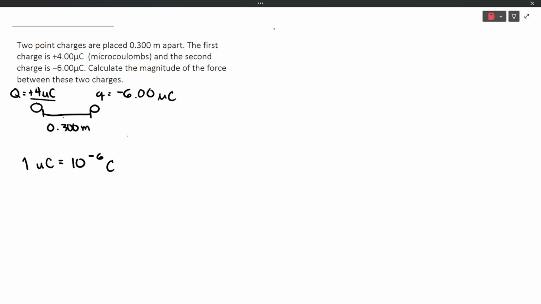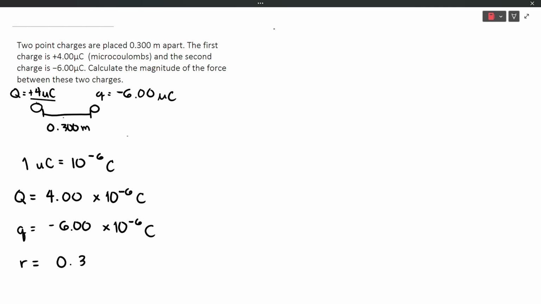So from that, Q is equal to positive 4.00 times 10 raised to negative 6 coulomb. The other charge, q, is equal to negative 6.00 times 10 raised to negative 6 coulomb. And the distance between them, r, is equal to 0.300 meters.